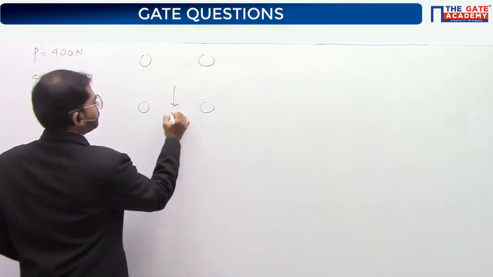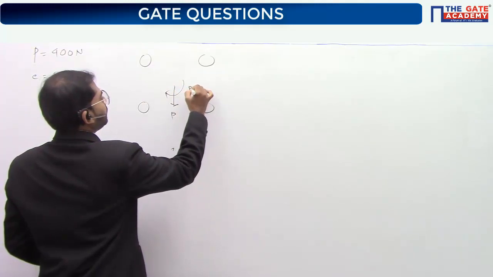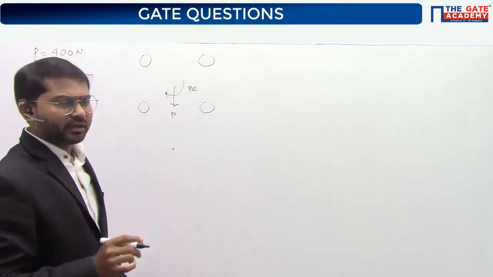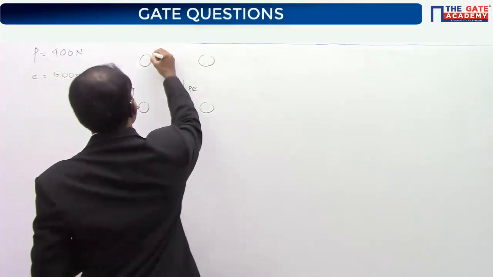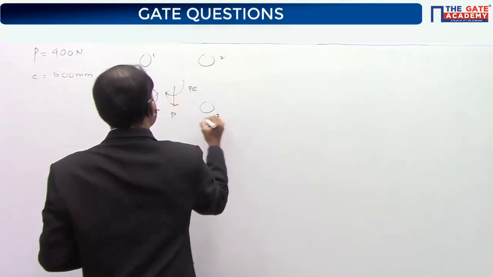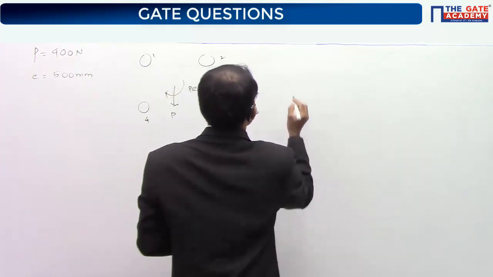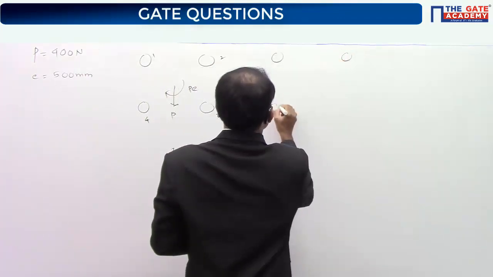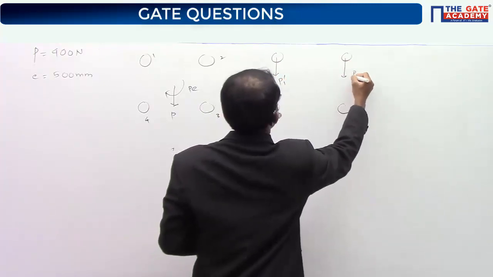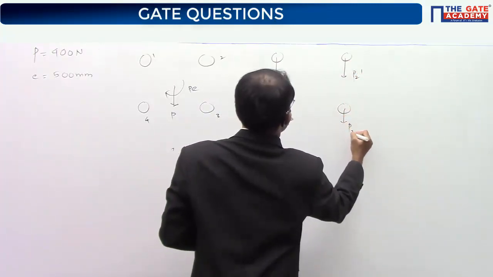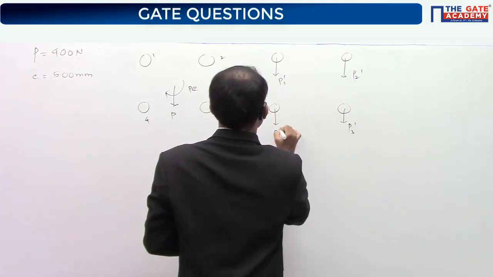Now the applied load will give rise to a direct load and a moment here. If I take the primary and secondary load directions, this is first rivet, second rivet, this as 3, this as 4. They will be like this: P1 dash, P2 dash, P3 dash, and P4 dash.